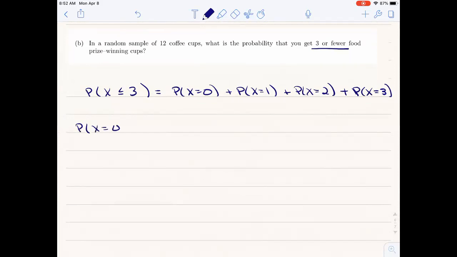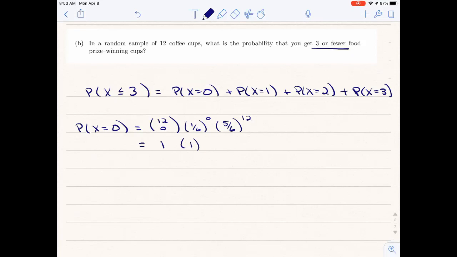The probability that X equals 0 is 12 choose 0 times 1 over 6 to the power of 0 times 5 over 6, because 1 minus 1 over 6 is 5 over 6, to the power of 12. If you do 12 choose 0 on your calculator, you'll find that it's just 1. There's only one way to have 0 winners. And anything to the power of 0 is 1.